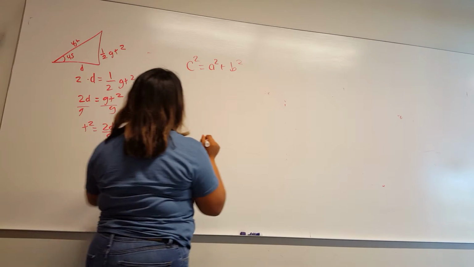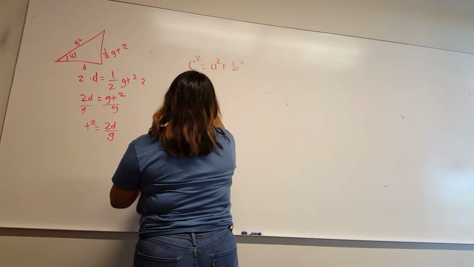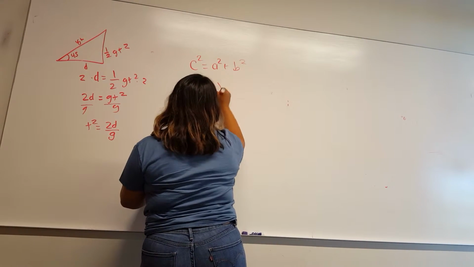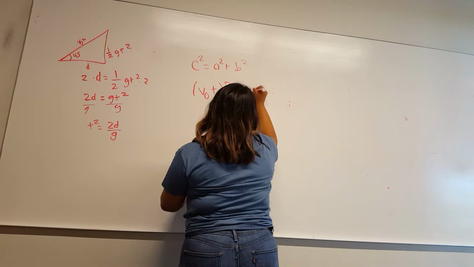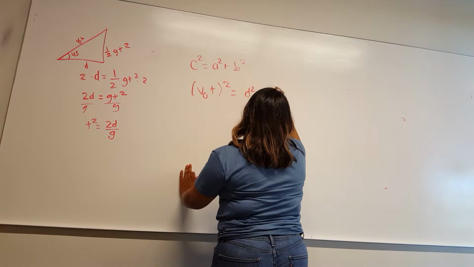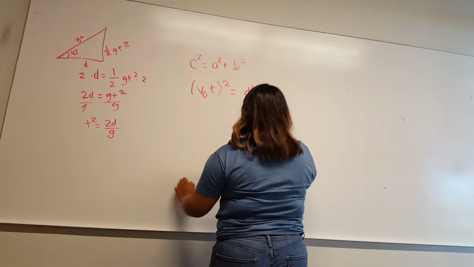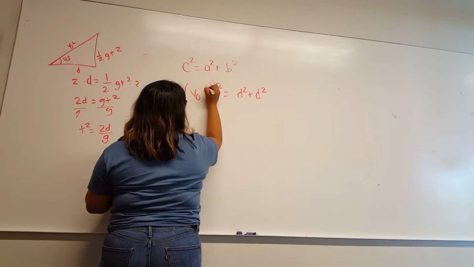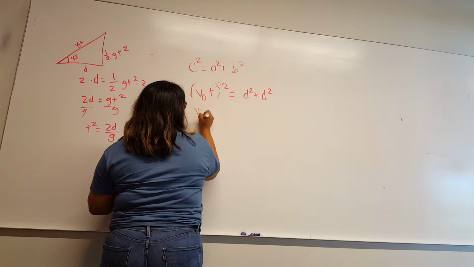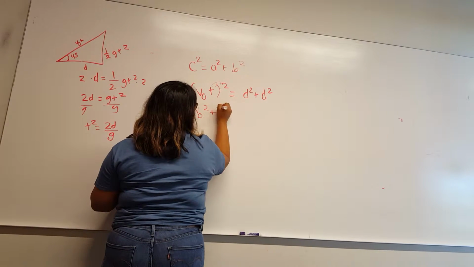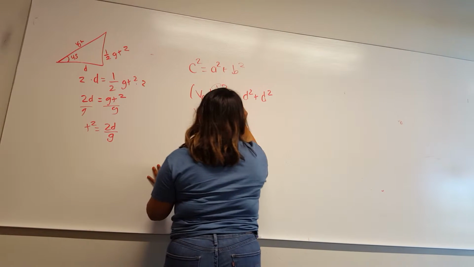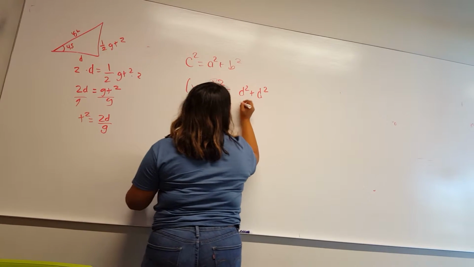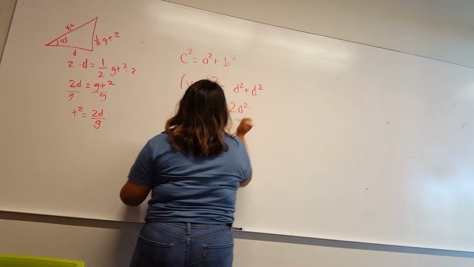And then we're going to do v naught t squared equals d squared plus d squared. From here, I'm just going to carry out the square to make it easier for myself. 2d squared, this simplifies too.